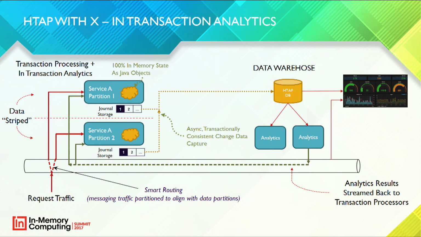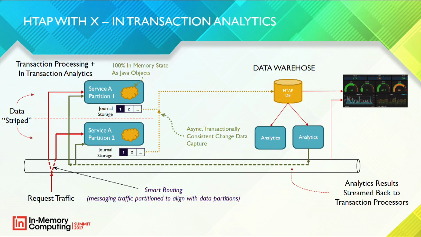So what does an X application with HTAP look like? Very similar to the HTAP database example we looked at before. Same scaling pattern where we're going to partition our state, which is just objects in memory, and use smart message routing that X will route under the covers to the right shard.